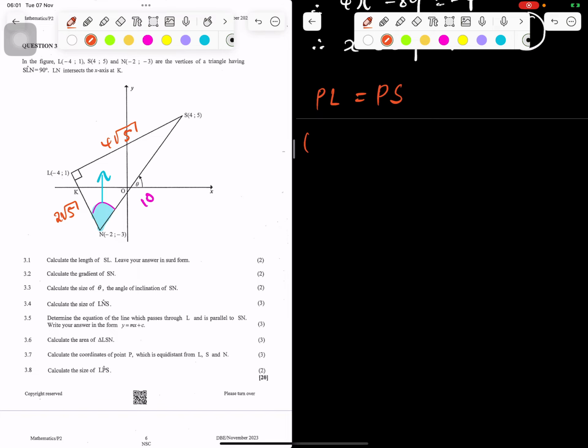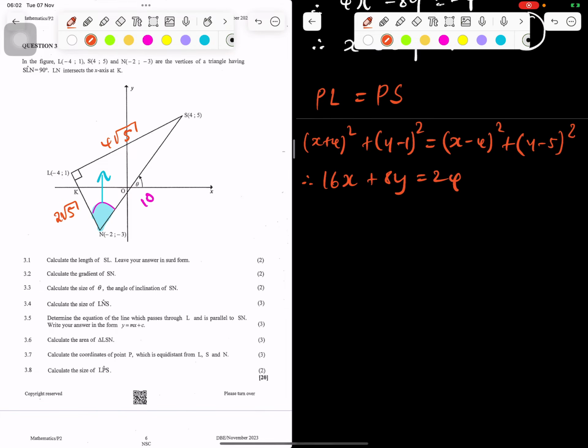PL, we had it: x plus 4 squared plus y minus 1 squared. PS is x minus 4 at S, squared, plus y minus 5 at S, squared. Again, remove the brackets properly and you're going to get 16x plus 8y equals 24.